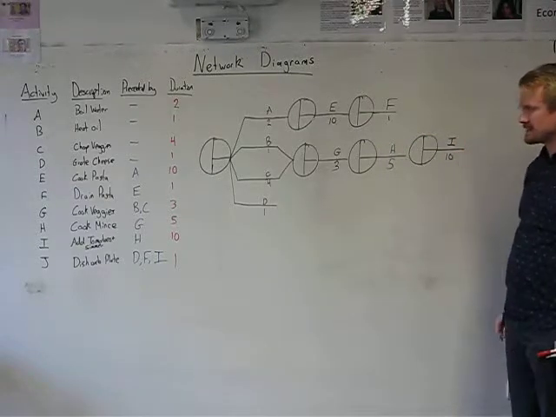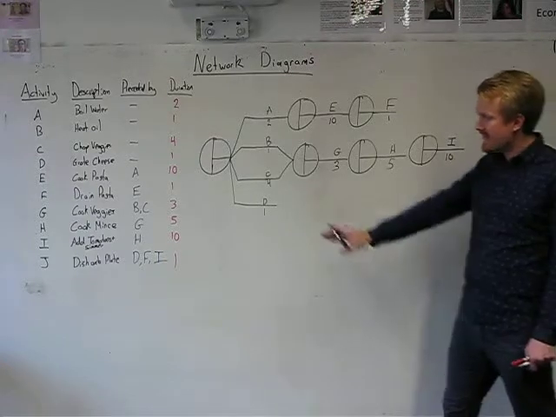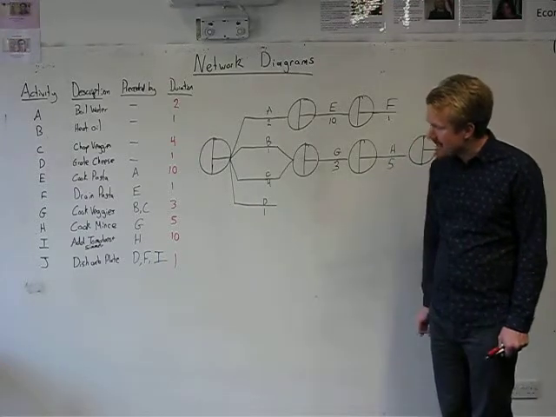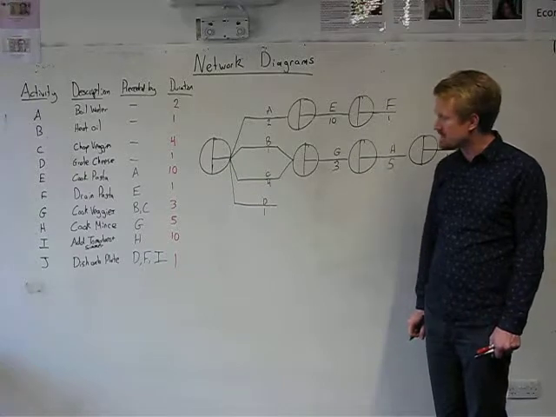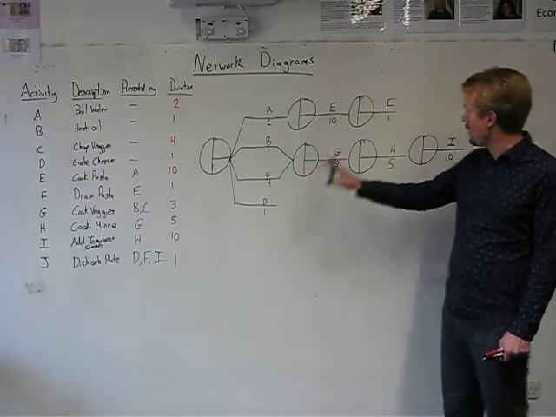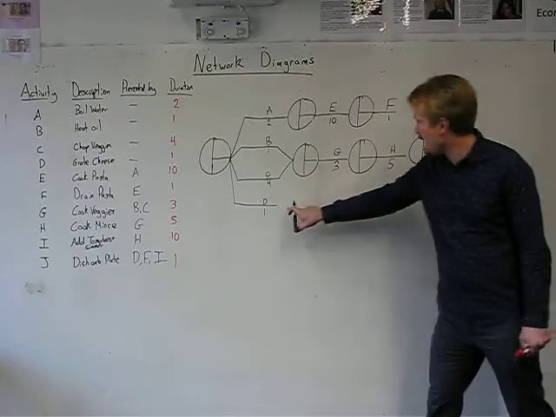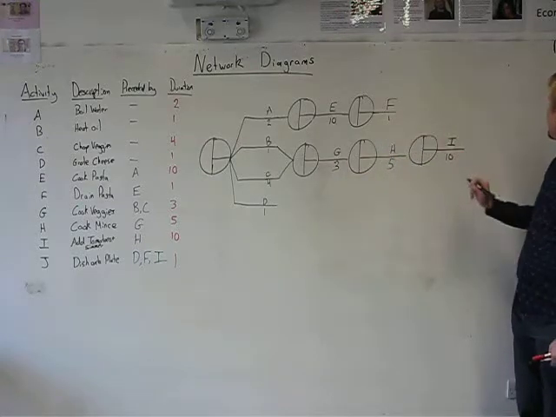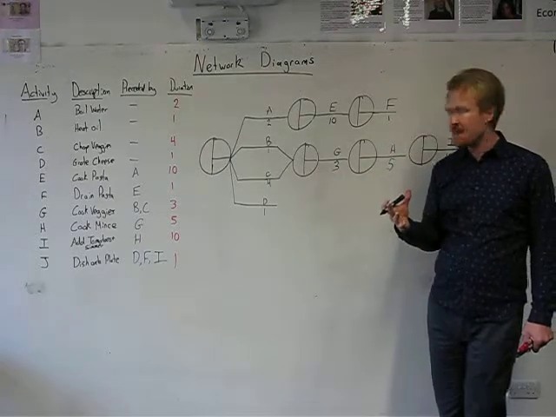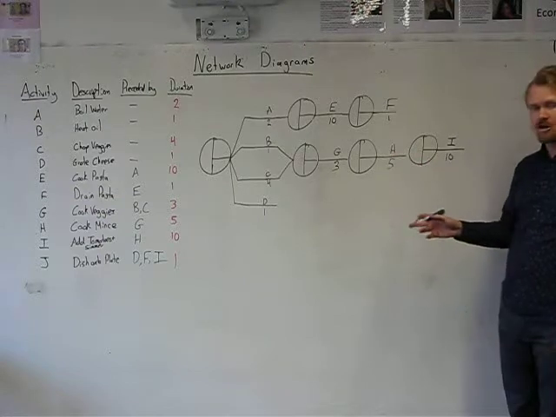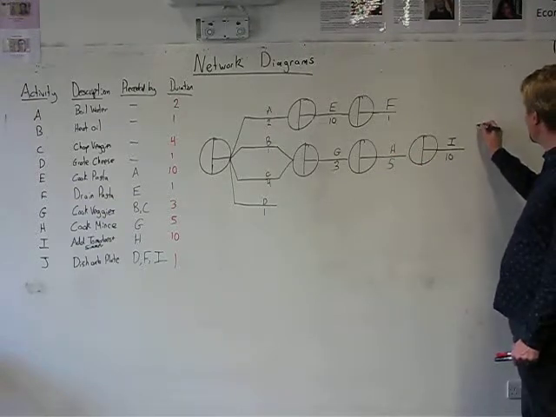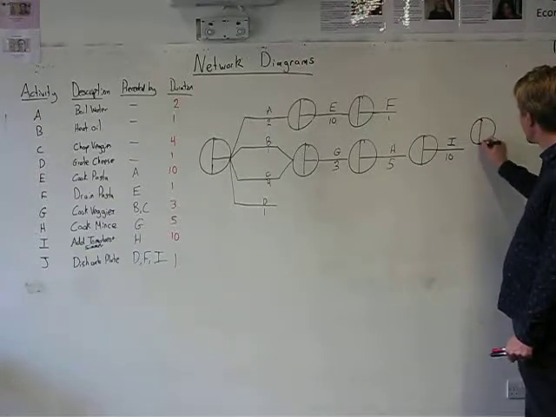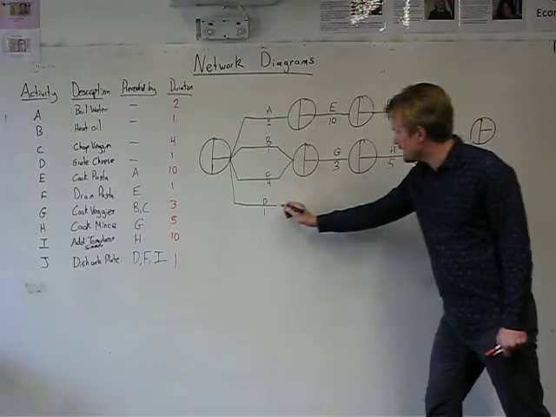And I look to my last task, task J. Task J, which is to dish and plate all of these lovely things that I've cooked, is dependent on D, F, and I. So I need to have a moment in time at which D, F, and I are all completed. So I just draw another node. Say here, D is completed in this node.